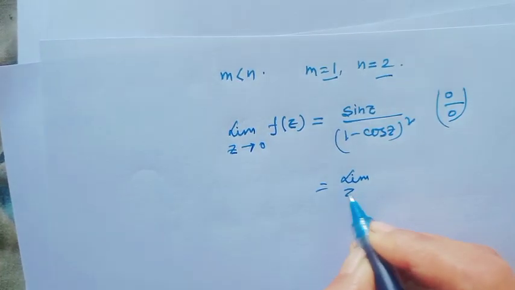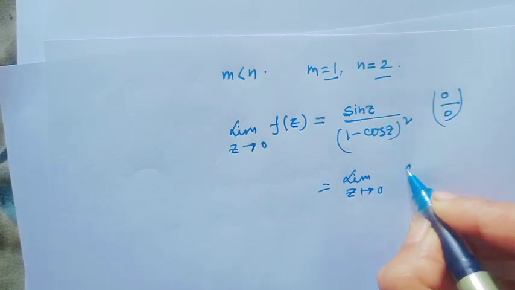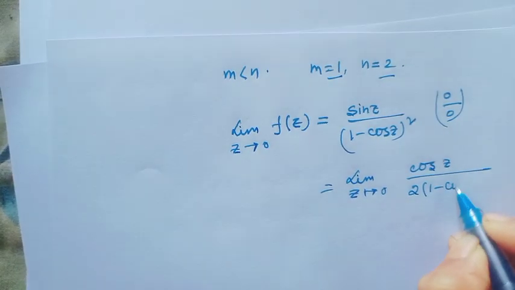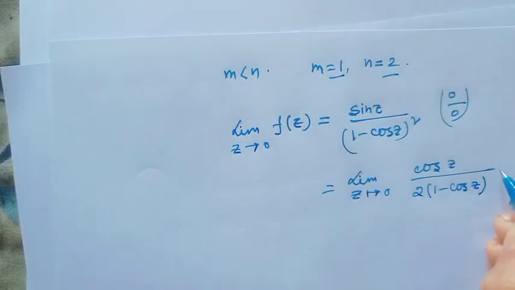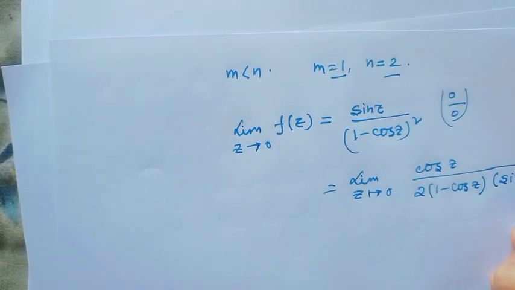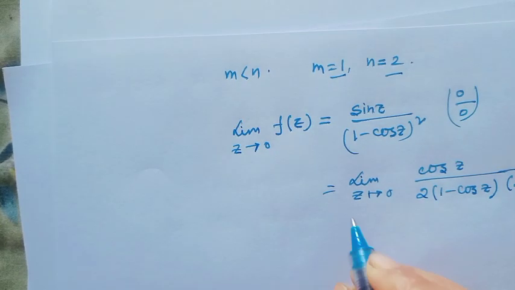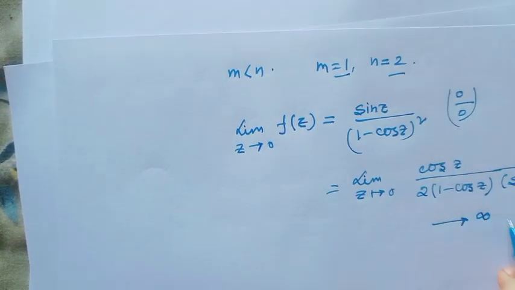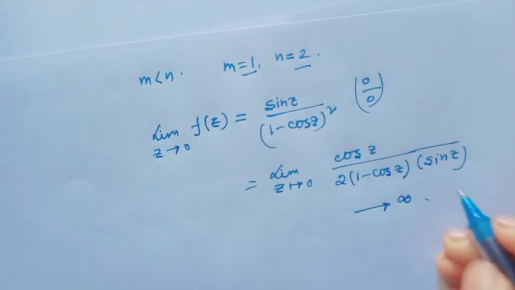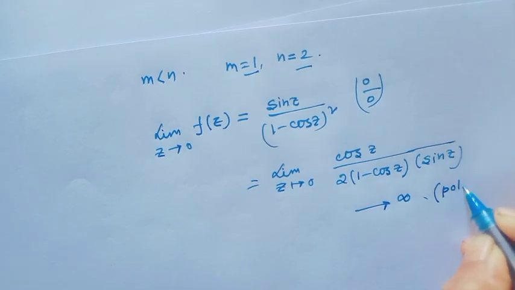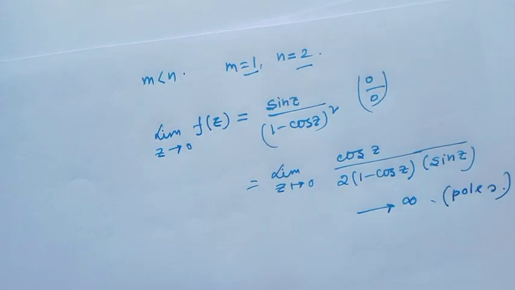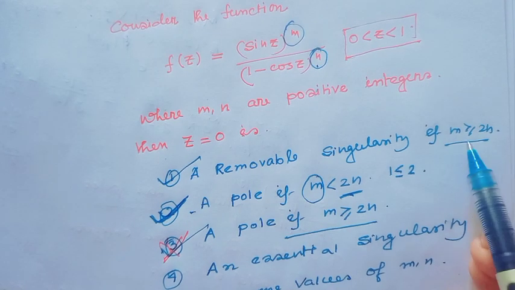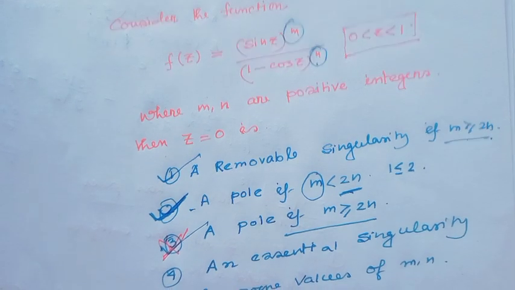Limit z tends to 0, cos z over (1 minus cos z) and sin z. And at limit z tends to 0, this value tends to infinity. So the singularity here is a pole. When m less than 2n, this is pole, and when m greater than equal to 2n, this is removable singularity.